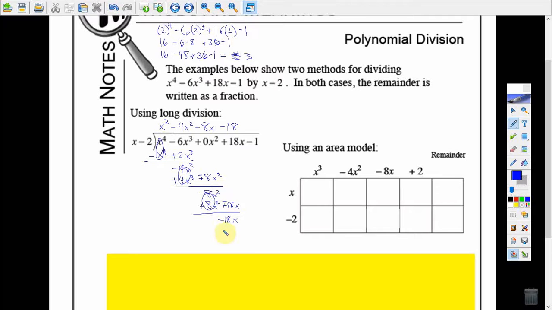Let's try that again. Negative 18x. And that's going to be plus 36. And that gave me a remainder of 35.